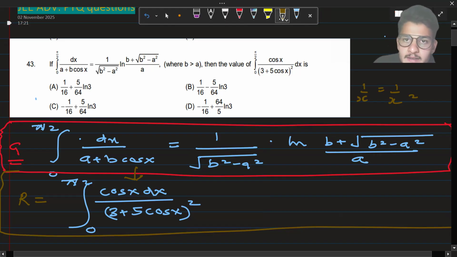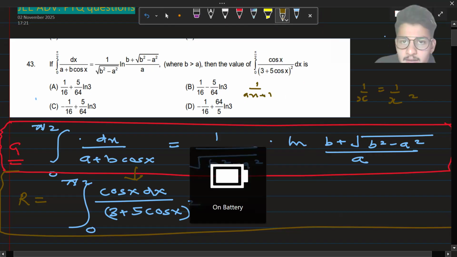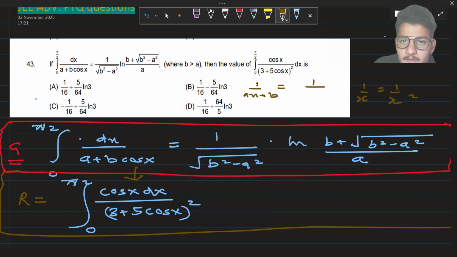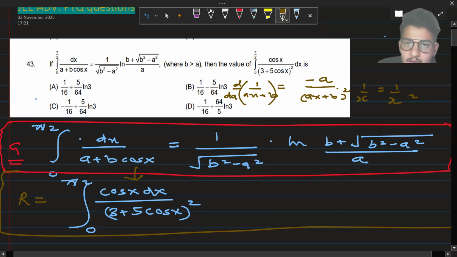Do you remember this thing that the differentiation of 1 by ax plus b with respect to a will give us 1 by ax plus b whole square into x. Differentiating with respect to a will give us 1 by ax plus b square into minus x. This is differentiation of composite functions.